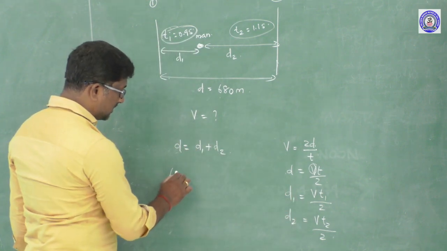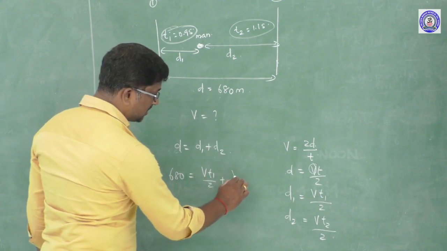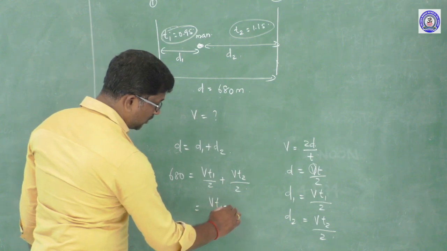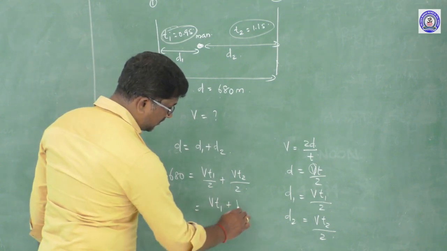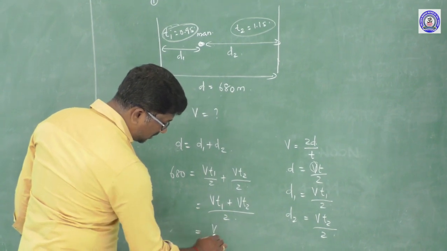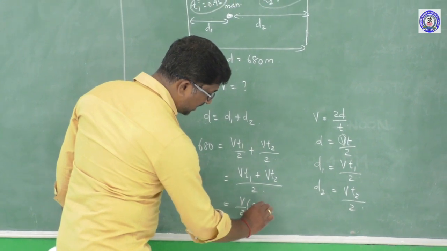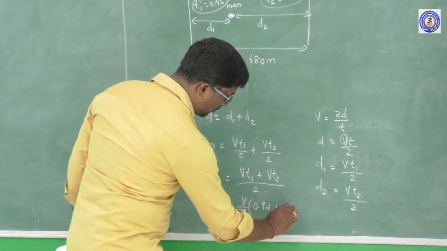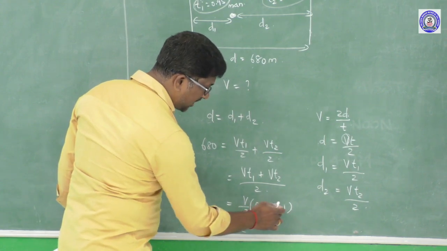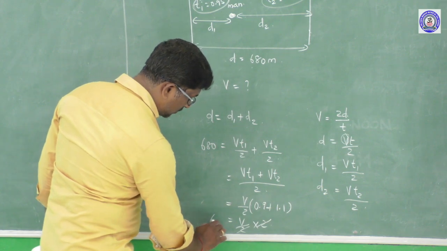The D value is 680, which is equal to V into T1 divided by 2 plus V into T2 divided by 2. Right. So V by 2 of T1 value 0.9 plus T2 value 1.1. The 2 cancel. This is equal to 680.